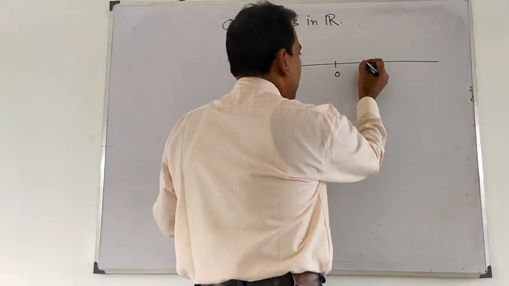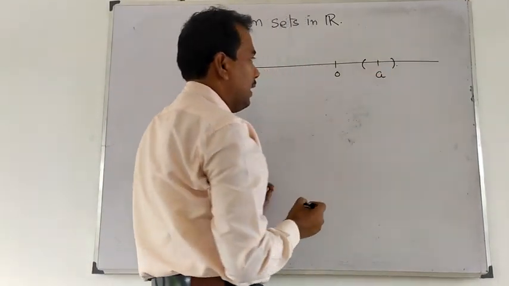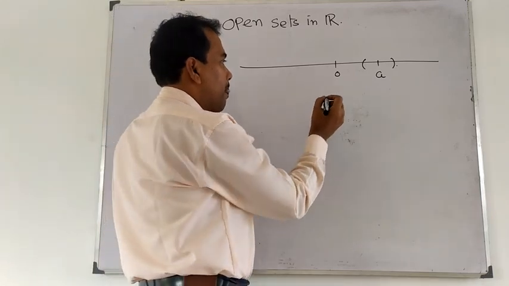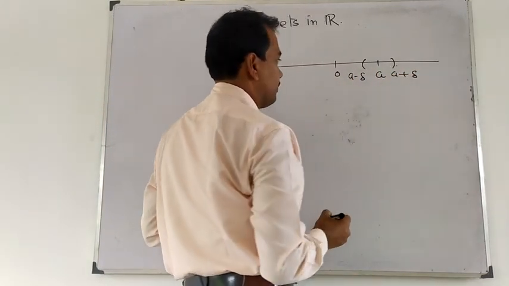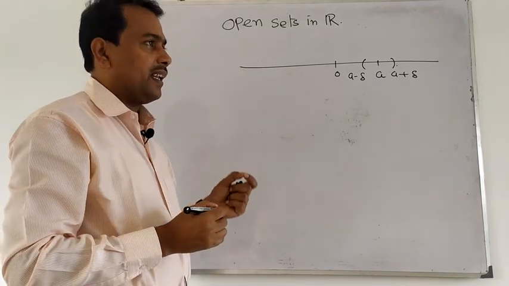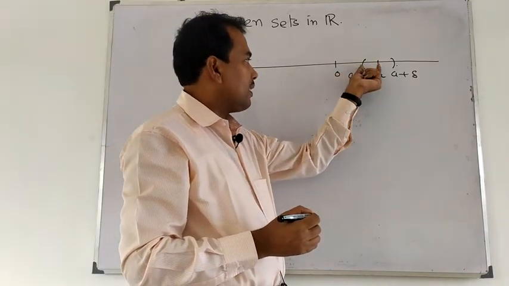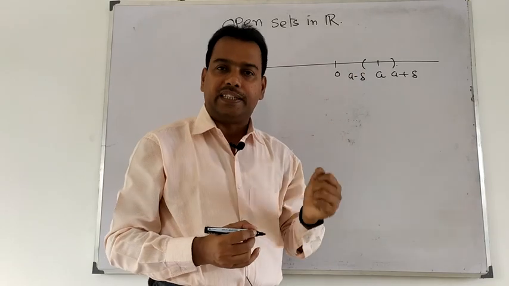The delta neighborhood of A means the open interval A minus delta to A plus delta, having center A, and the distance of these 2 points is delta.